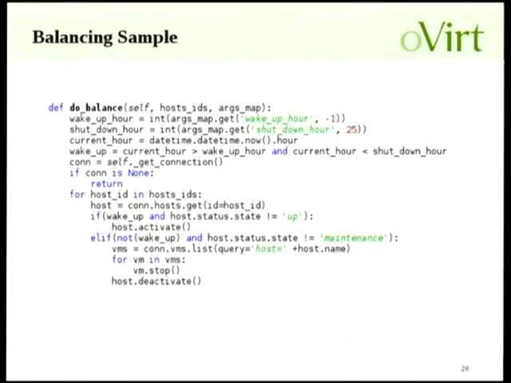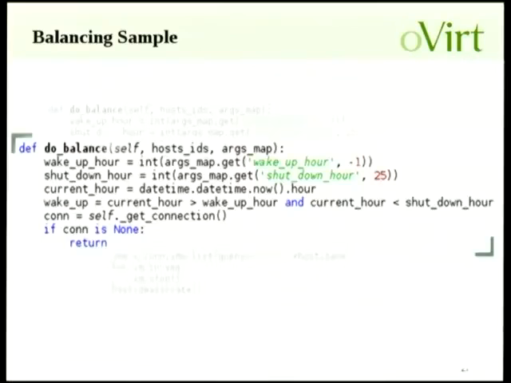The same sample that I showed earlier, we get the same numbers that we want to shut down all the VMs, but in this example we will actually do that and not exclude hosts that prevent users from running VMs like in the filter example.